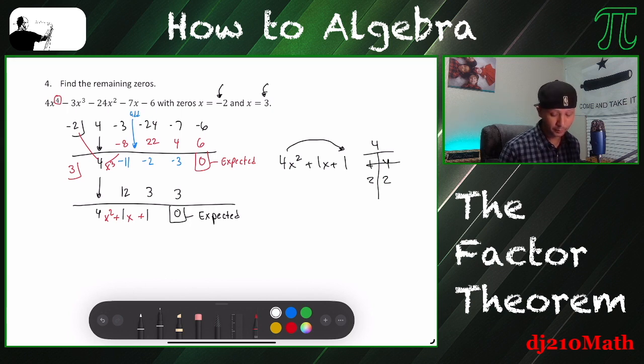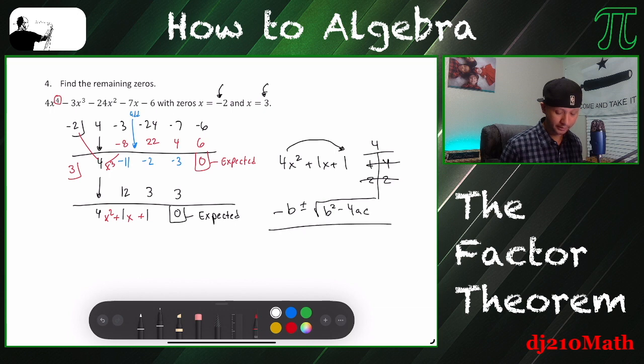Neither one of these works. So at this moment, we only have one resort, and it's the last resort, and it's the quadratic formula. The quadratic formula says -b plus or minus the square root of b squared minus 4ac, all over 2a. This is the go-to. We probably could have started here, but you always want to check to see if you can factor it first, because we're supposed to be nice at factoring.